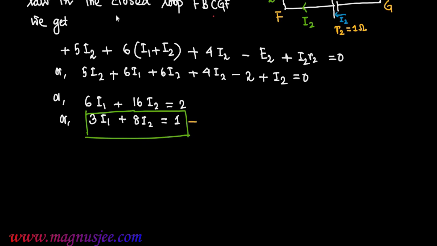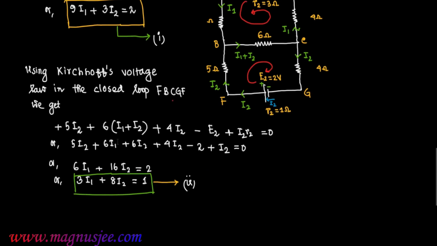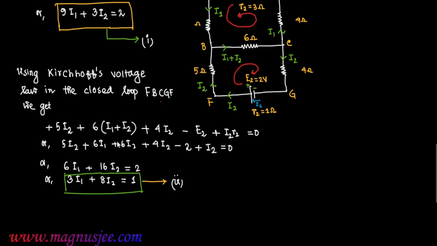That is equation 2. Using Kirchhoff's voltage law in the second loop FBCGF, we get 3I1 plus 8I2 equals 1. That is equation 2. Now we have to solve equations 1 and 2 to find the values of the electric currents I1 and I2.